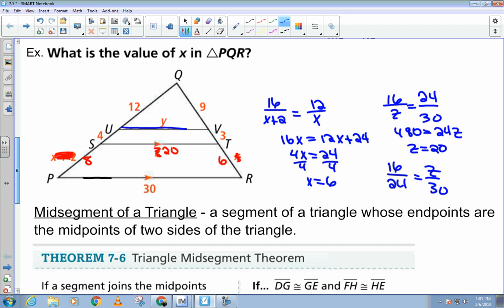What's this length right here? 12. What's this length? 12. This is 9, and this is 9. So what is this? It's a midsegment, right? Which means it's also parallel, and it's half the third side. So we said this what? 15. Good.